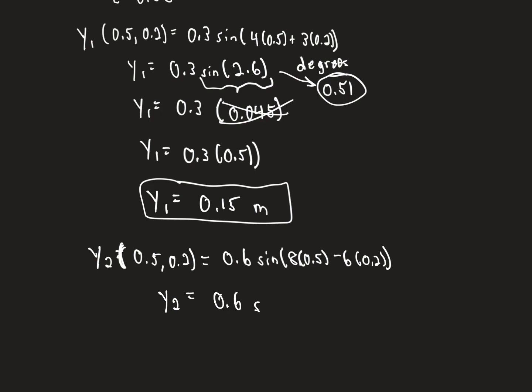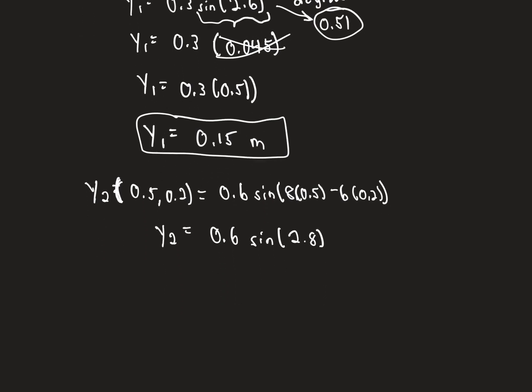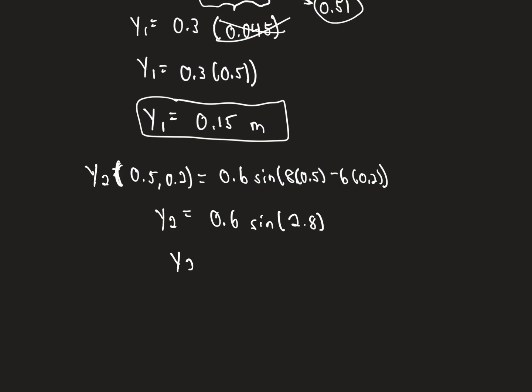Multiply my numbers out. 8 times 0.5 minus 6 times 0.2. So I need to do sine of 2.8. And to make sure my calculator is in what mode? Radians. 0.6 times sine of 2.8, and I got 0.2.